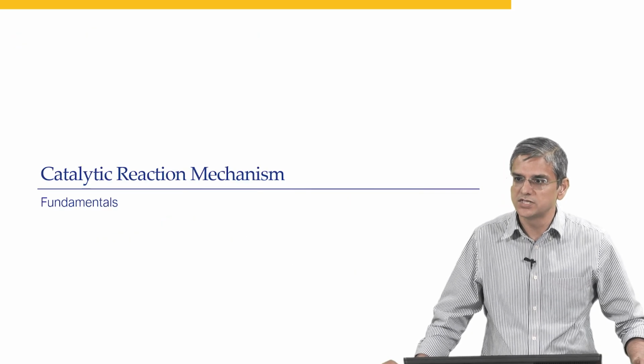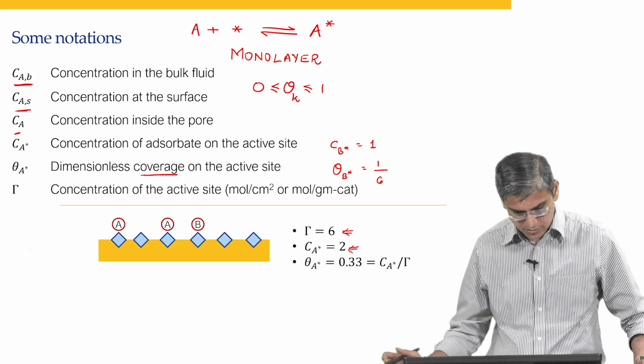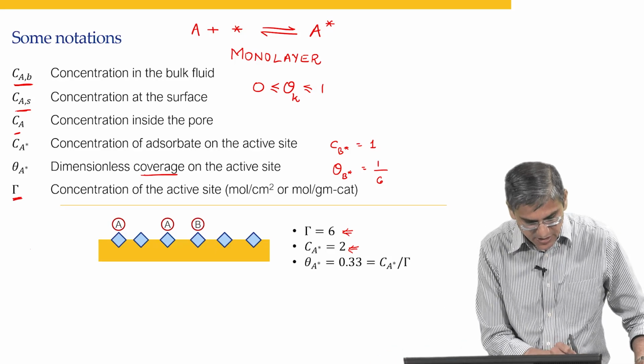CAS typical units is in moles per centimeter square or moles per meter square. So, same as gamma.